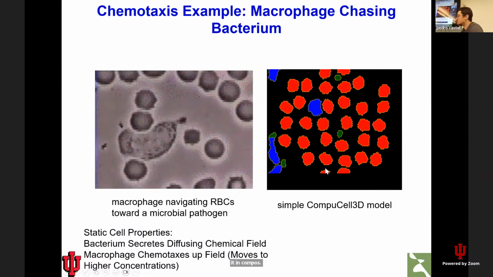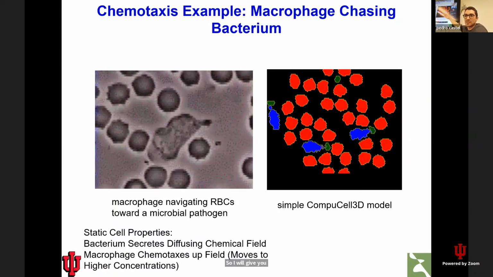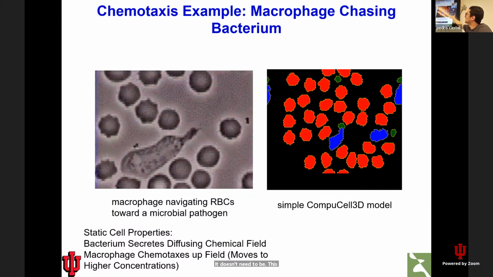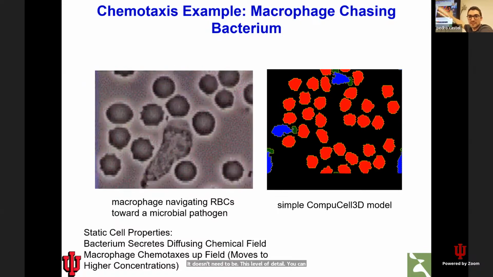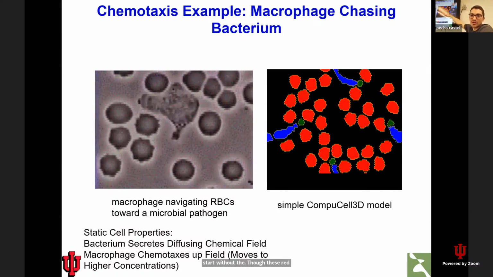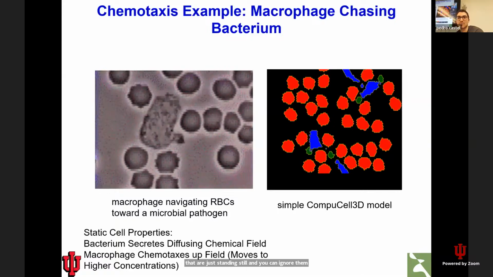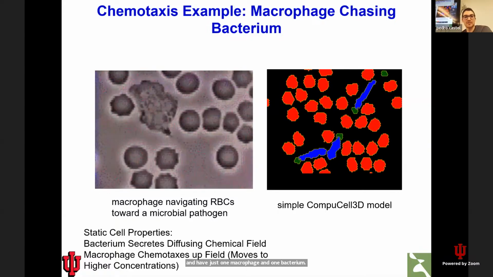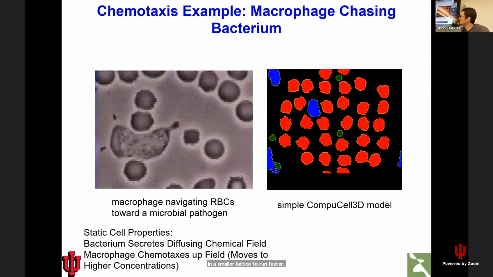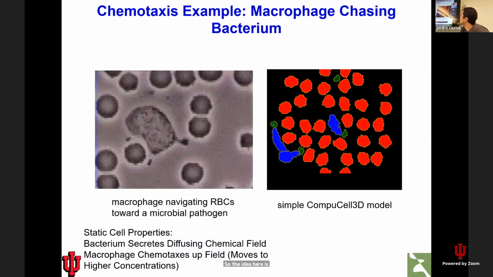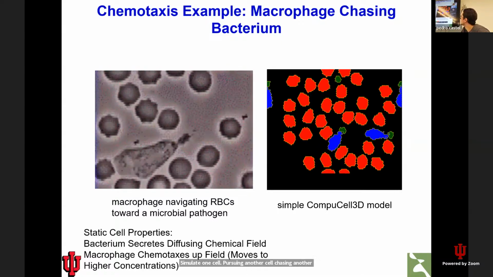It doesn't need to be this level of detail. You can start without these red cells, these cells that are just standing still, and you can ignore them and have just one macrophage and one bacterium in a smaller lattice to run faster. So the idea here is to simulate one cell pursuing another cell, chasing another cell.